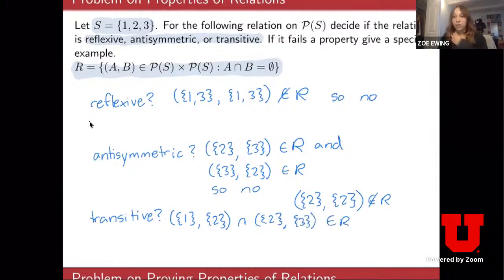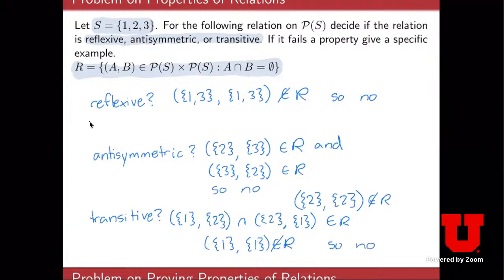Okay, so do we agree that these elements are both in the relation? Yeah. Okay, but for transitivity to work, then we would need to have (1, 1) be in the relation as well. And is that true? No. So since there is at least one example of that, then we say it's not transitive.